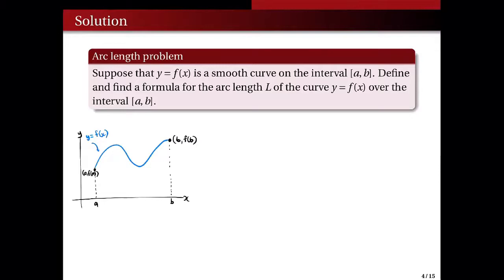So what we do is divide the interval AB into n subintervals. And just like before, we can think of these subintervals as having equal length. So we have here x1, x2, etc. Then at some point, you have x i minus 1, and then x i here.